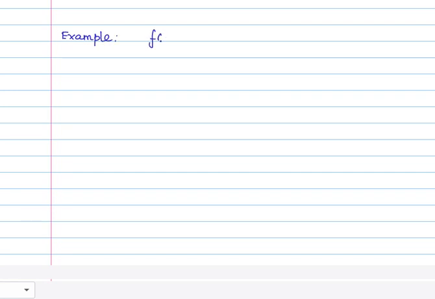Like f of z equal to sine of 1 over z. So clearly z equal to 0 is an isolated singular point, correct? So I can represent it in terms of a Laurent series.